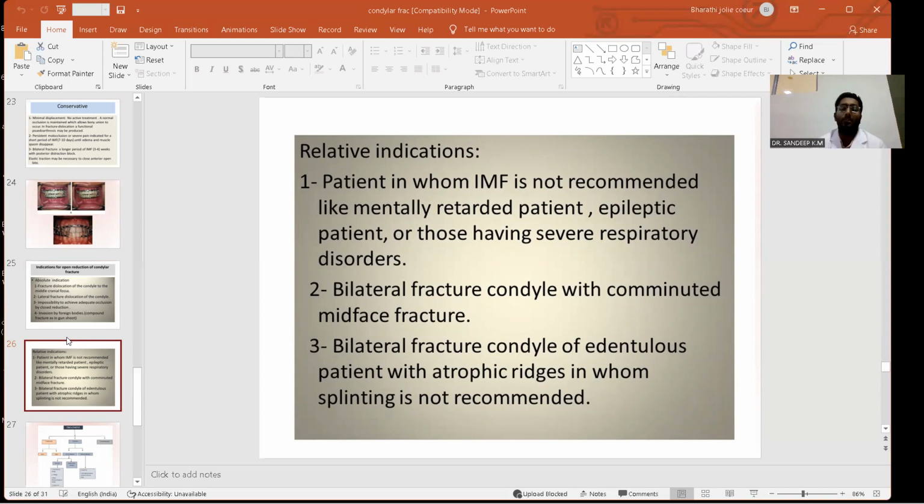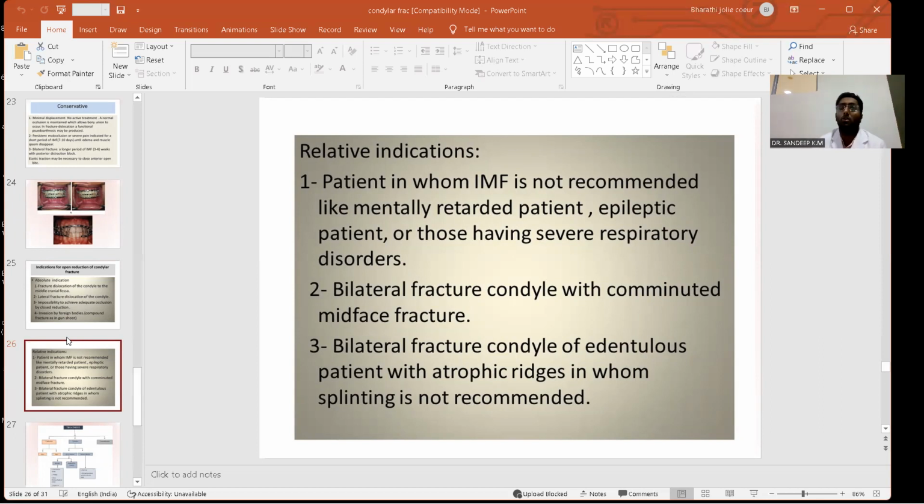Or if there is a bilateral fracture of the condyle with a complicated midface fracture, it's always better to go for open reduction and replace the fracture in its normal anatomical position. Then in the case of a pediatric fracture of the condyle, splinting is not recommended.